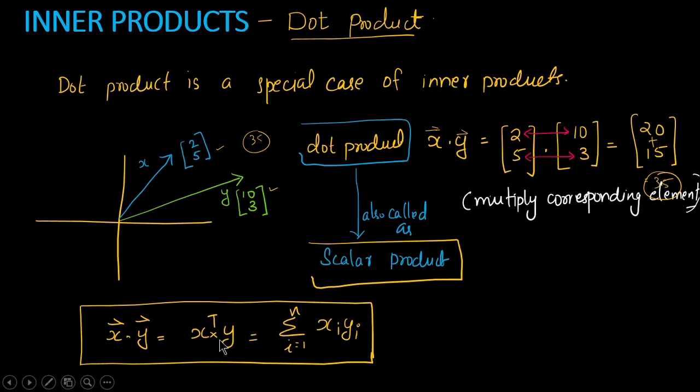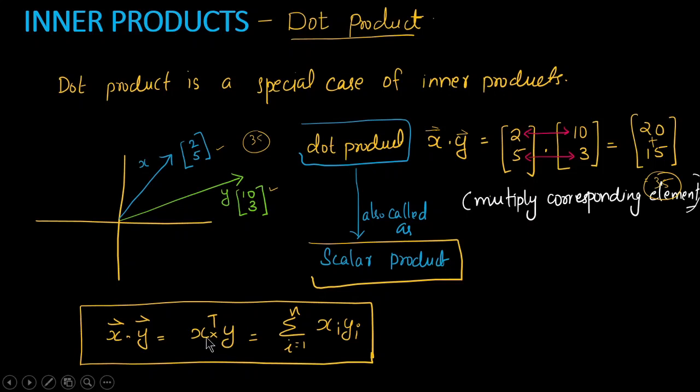It can be written in another way, like x transpose y. X dot y is equal to x transpose y, or we can write it as sigma i equals 1 to n of x_i y_i. This is the same thing we have done over here, multiplying the corresponding elements. Or we can write it in terms of matrix multiplication.